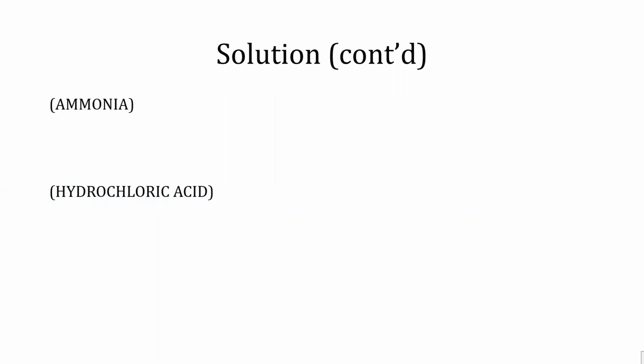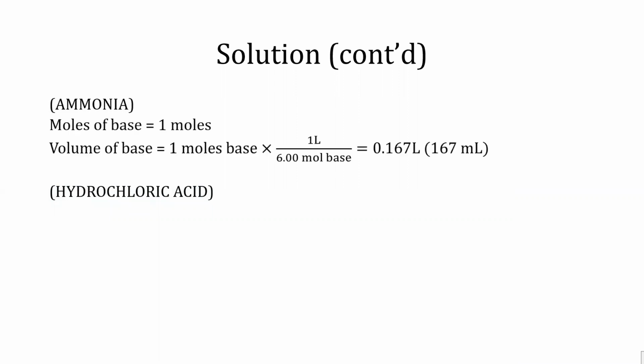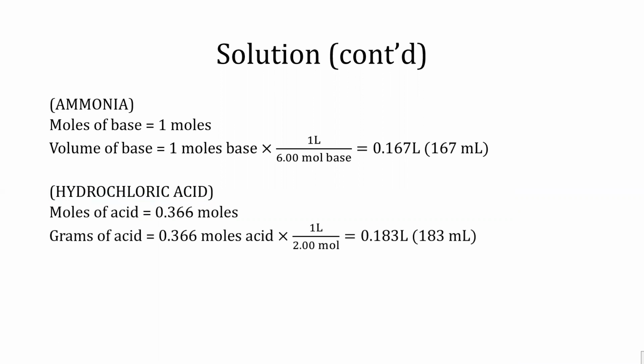Now, solving for the volume of each substance is as follows. For ammonia, it required 167 mL of base. For hydrochloric acid, it required 183 mL of acid.